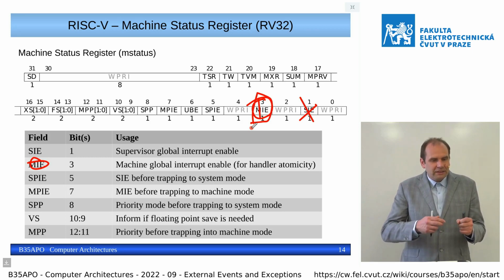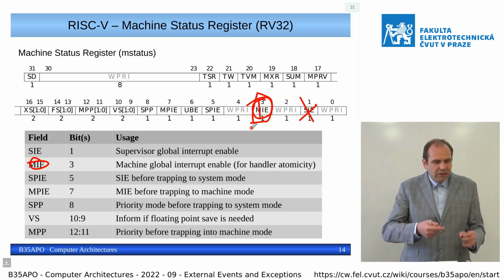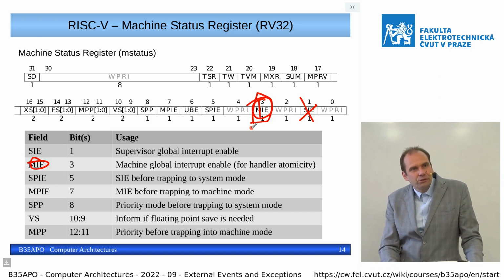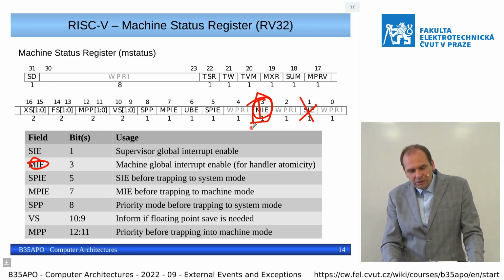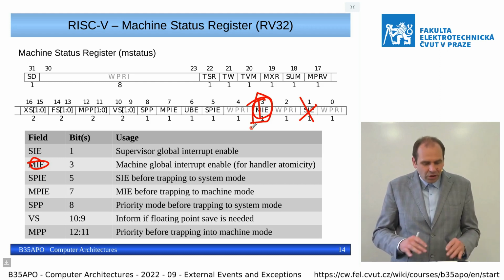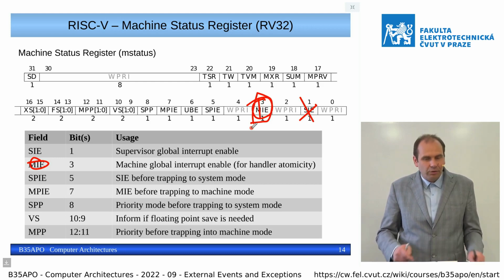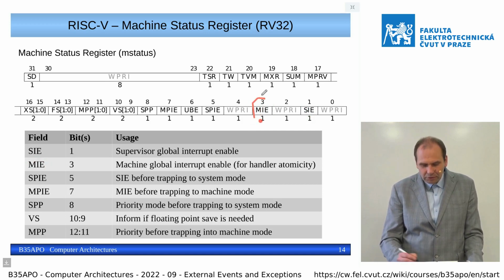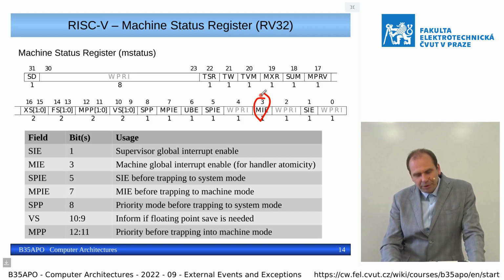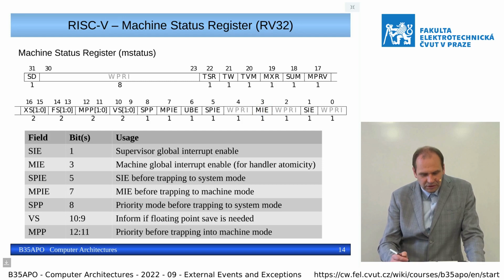So if another exception comes, it overrides the EPC, and you do not know where to return. Okay, you can store the previous state and then allow nested interrupts. But at the start of the interrupt processing, you cannot allow yet another interrupt to interrupt this processing. Okay, it is a little complex.